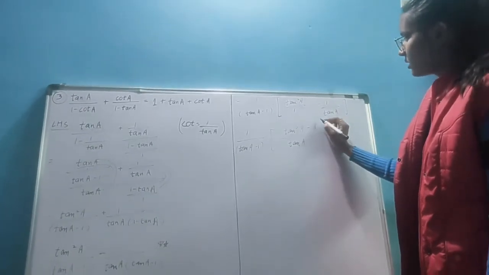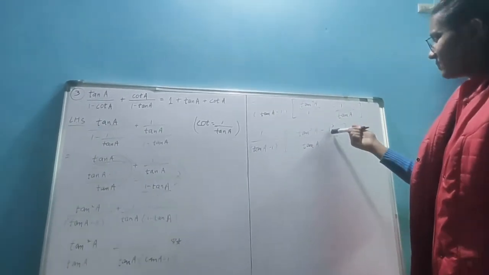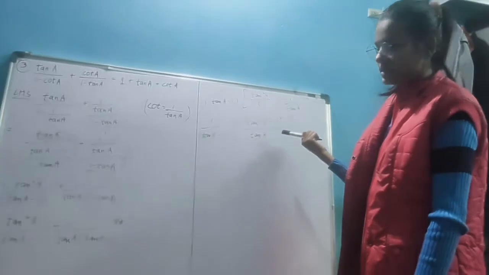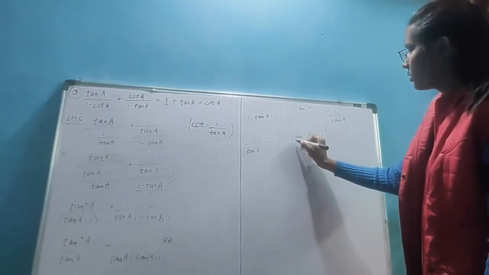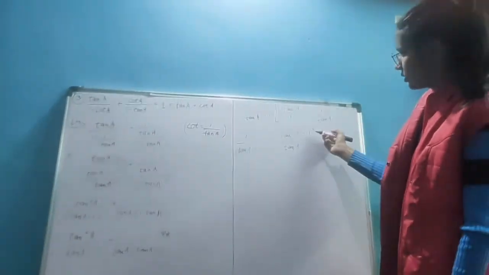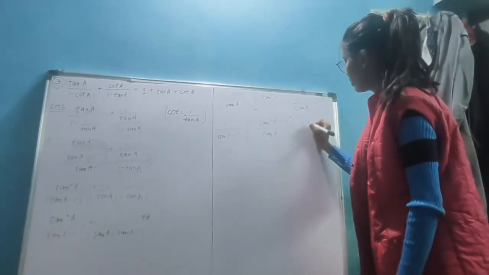We can write 1 as 1 cube, because 1 cube is also 1, so there is nothing which is going to impact the step.